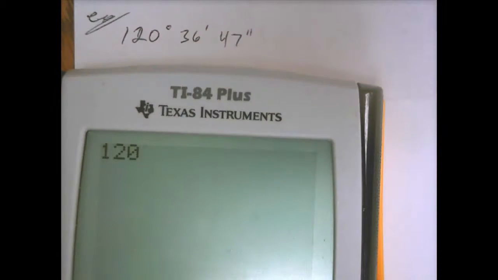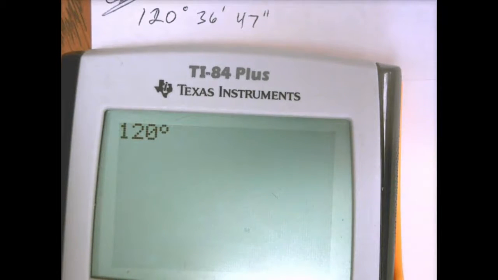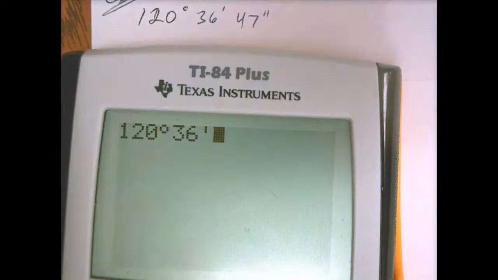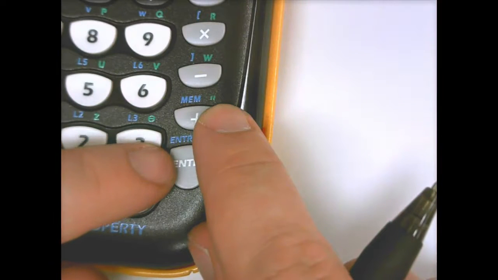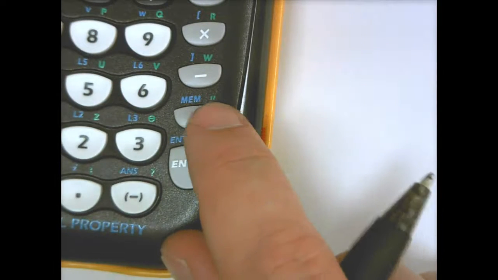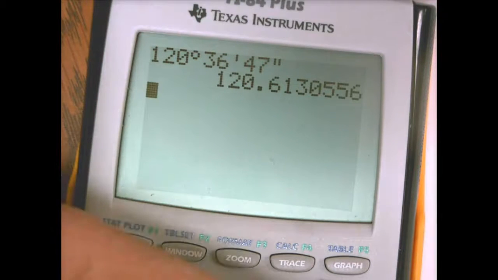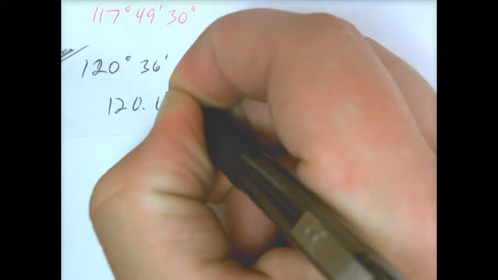So 120 degrees, you have your degree symbol under angle. 36 minutes is also under angle. And then 47 seconds, so I can hit 47. The second sign is right there above the plus. It's in green, so I'll hit alpha plus. And there's your second sign. Hit enter, 120.613. That's not a 3, that's a 0, but that's a 3.